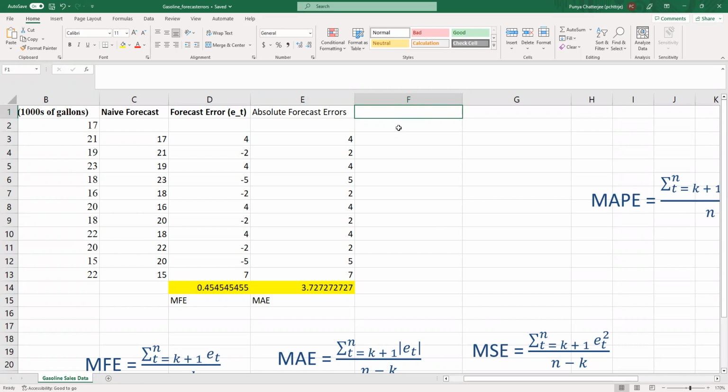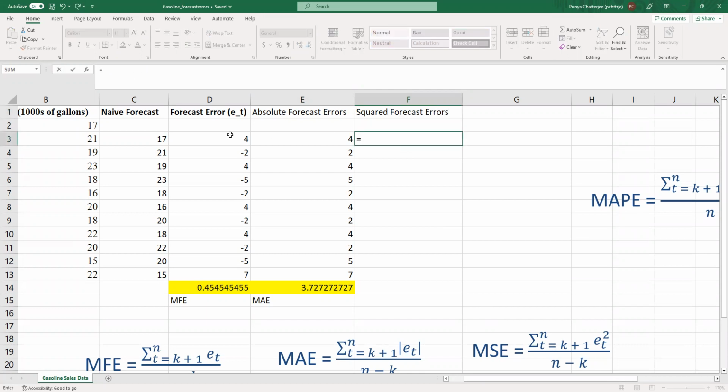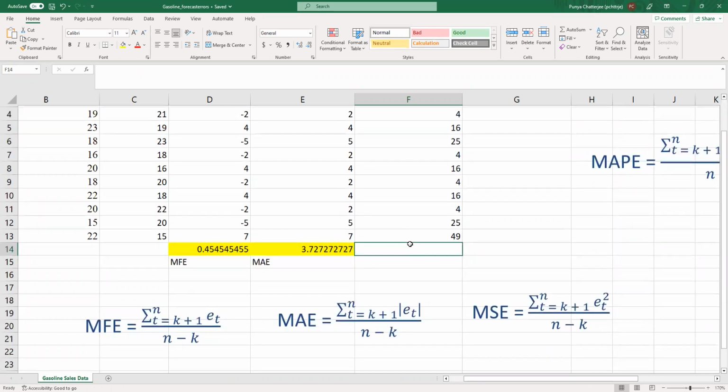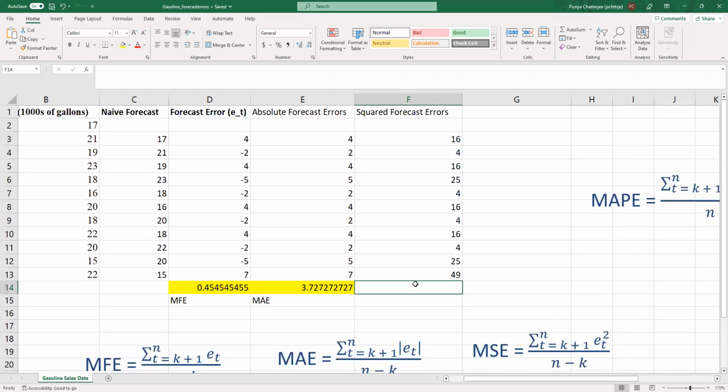So I'm going to create squared forecast errors. And then now create squares of forecast errors. I can drag it down. Can ignore this word. I'm going to recreate that. And then what's going to be my MSE?